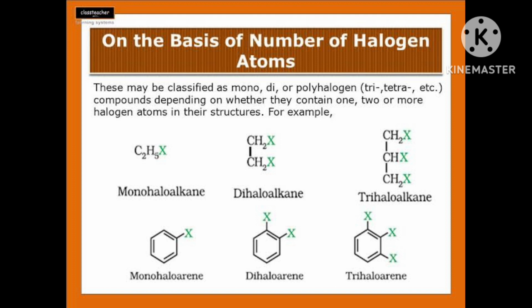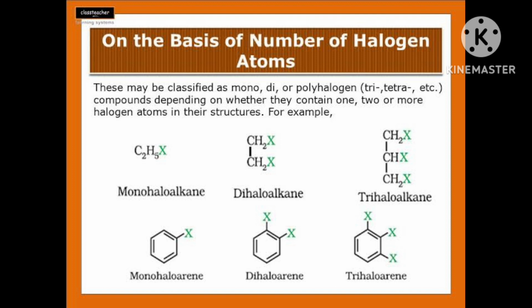Alkane is here propane. And in dihaloalkane, it was ethane. Here alkane means ethane. And in monohaloalkane, again you can say ethane, C2H5X.